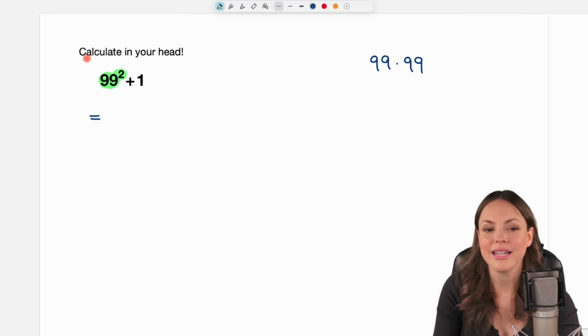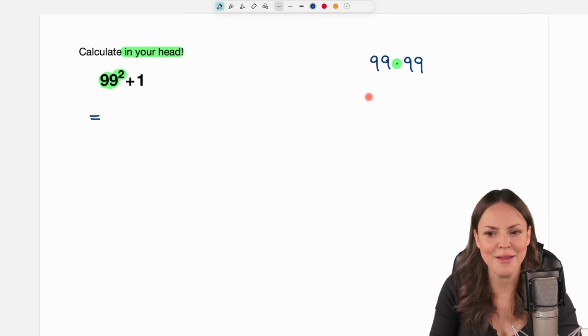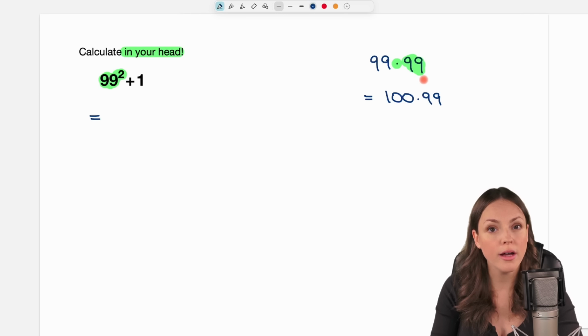Because we have to do our calculations in our head, I don't want to just multiply these two numbers. I'm not able to do this in my head. But there is an easier way, because here we have 99 of these 99s. We can first take 100 of these 99s, which would be too much, but this is way easier to calculate.